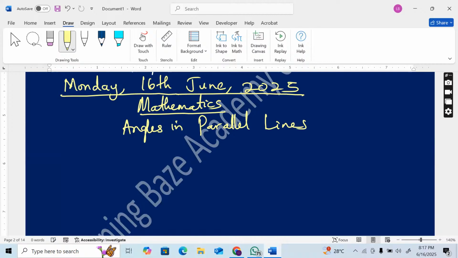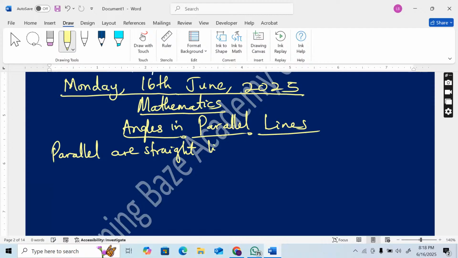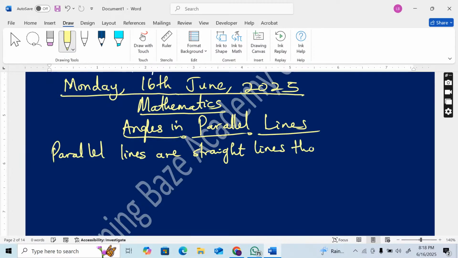Angles in parallel lines. Now, parallel lines are straight lines that move towards the same direction and can never meet.